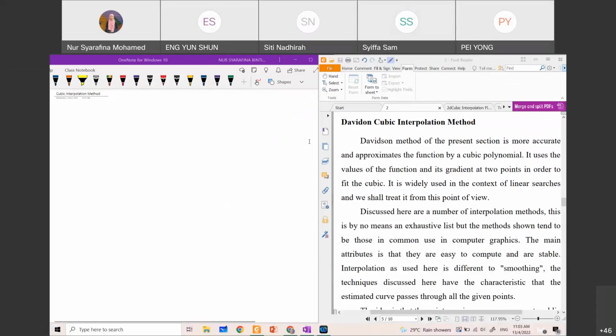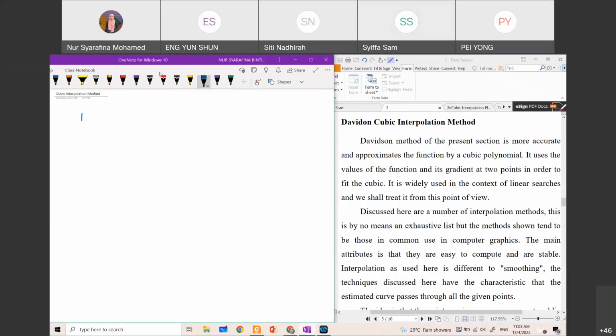Alright, so our next topic for today's lesson is the cubic interpolation method. In our last class we finished quadratic. Before that, we covered the direct search methods, which are Fibonacci and golden search.